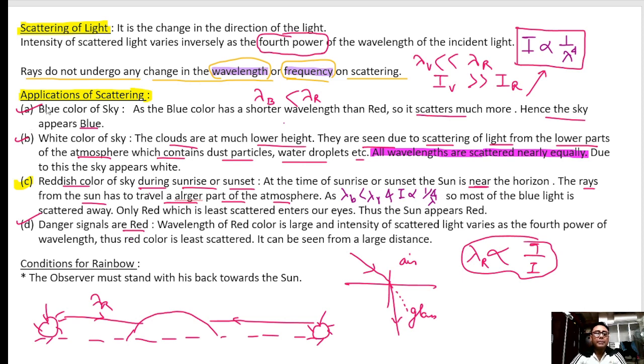And next is the condition for rainbow. Please remember it: the observer must stand with his back towards the sun. This is the main condition for rainbow. Clear?